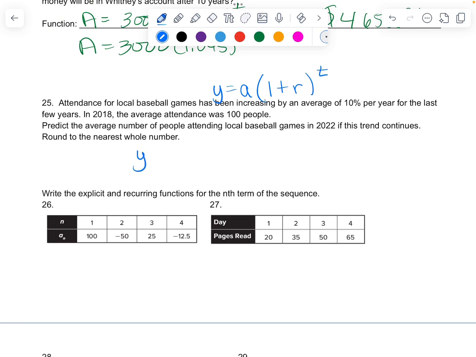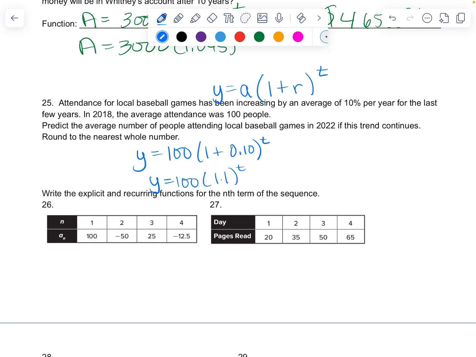So how much did we start with? How many people did we start with? We started with 100 people. 1 plus, what's the rate? The rate is 0.10. We know what t they want, but right now that's what we have. Or you could write it as this.